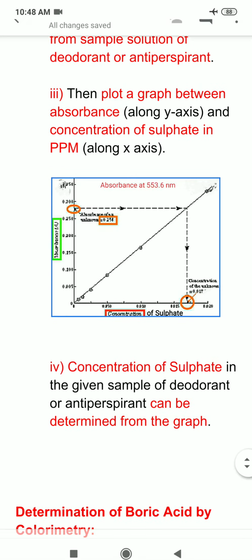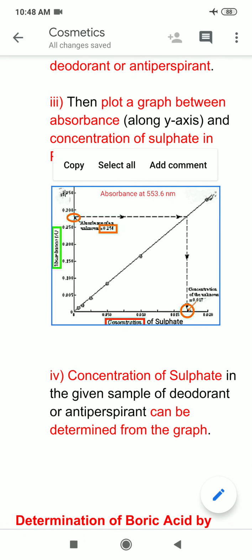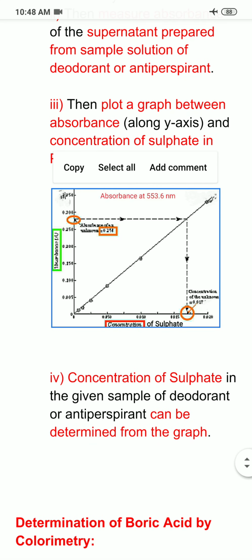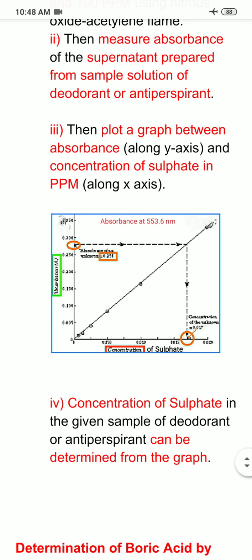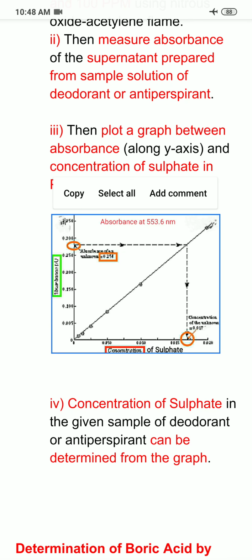Then after plotting the graph, we will determine the absorbance of the supernatant of the deodorant or antiperspirant sample, and we will extrapolate that absorbance value onto the x-axis, and the point at which the extrapolated line meets the x-axis, or concentration axis, will give you the concentration of sulphate in the deodorant or antiperspirant sample.